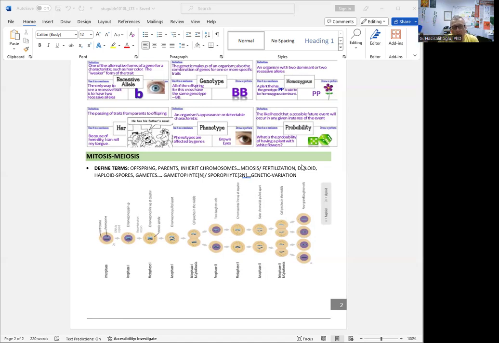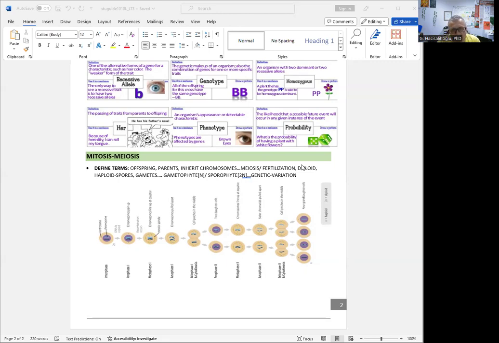If you start with one parent cell, you end up with 4 daughter cells with half of the chromosomes. This is the key point here: chromosome number is halved in meiosis, which produces gametes. Then when they do fertilization, they complete the full chromosome number again.